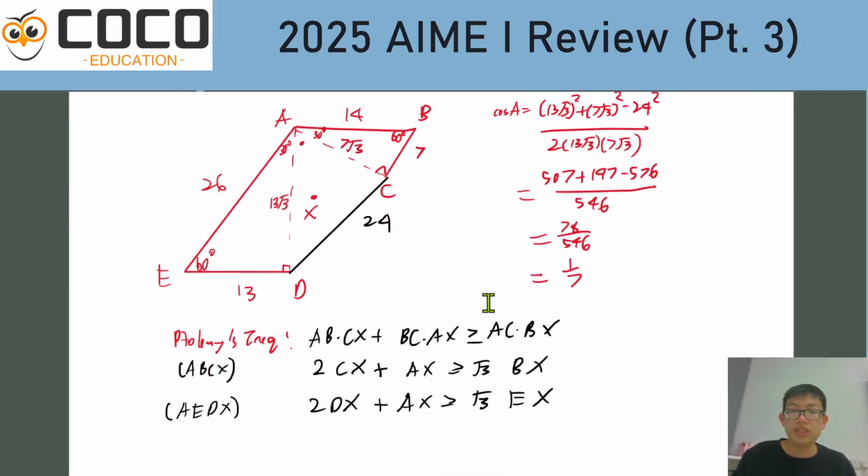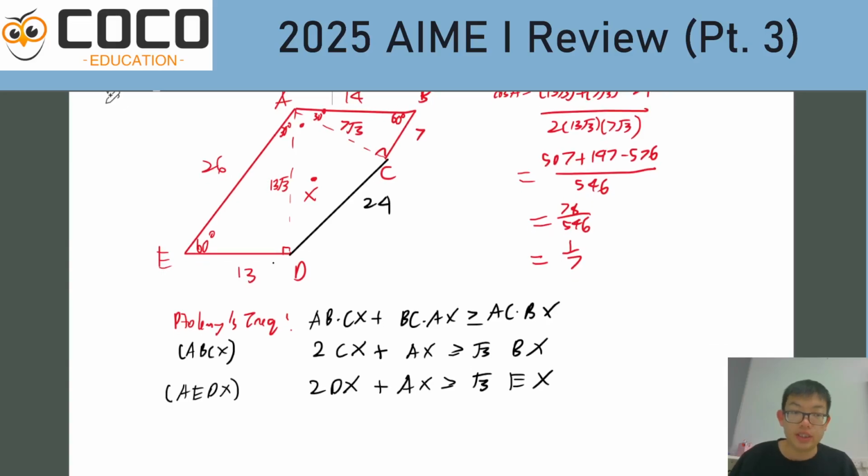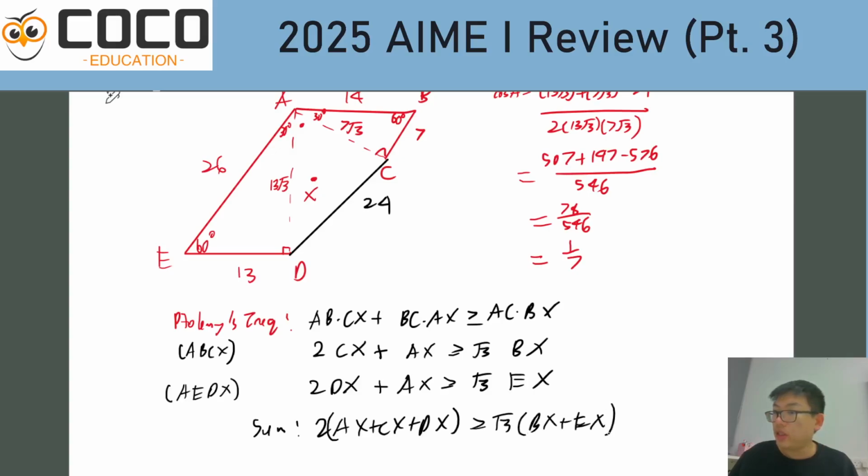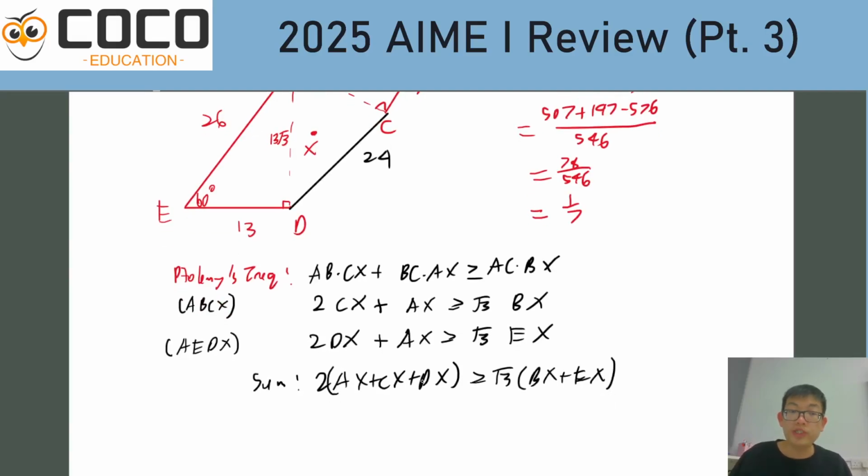Since there's A, C, and D, if I just add these, I will get 2AX, 2CX, and 2DX. Let's add them. If we sum them, and why not, let's put 2BX and 2EX on the left side also.